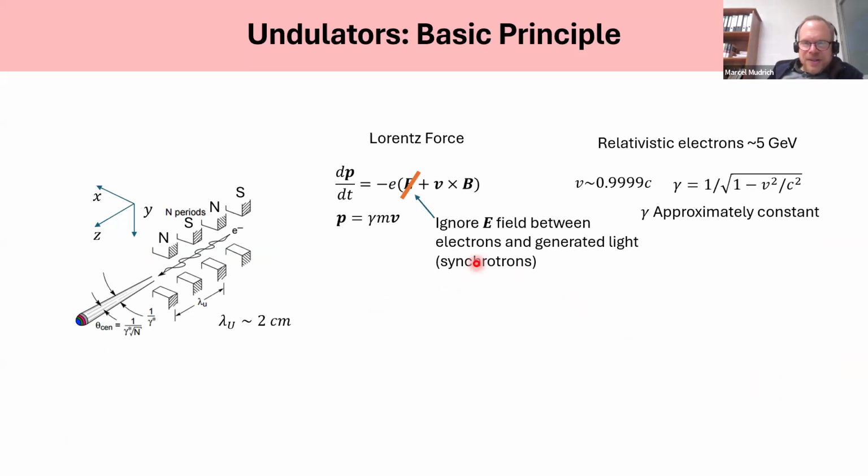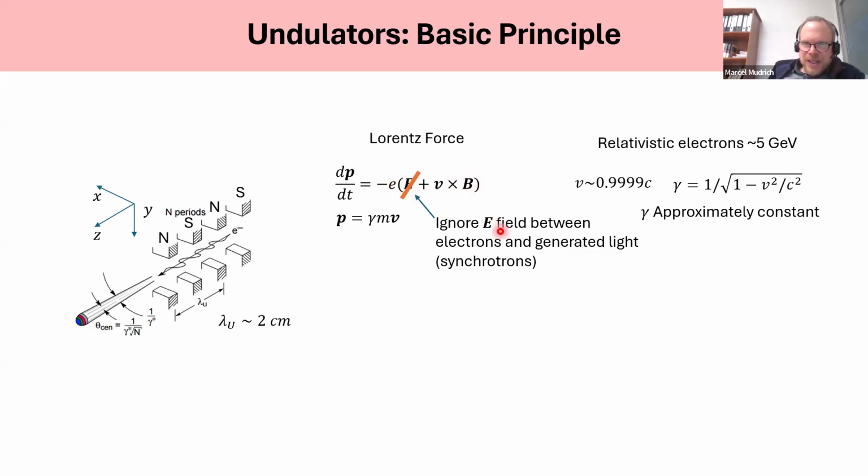So the starting point is the electrons flying through the magnetic fields at relativistic speeds. In the magnetic field, they experience a Lorentz force. In principle, there are also electric fields around, because the electrons emit light, and the synchrotron radiation has an electric field, but in synchrotrons, typically this electric field is very small compared to the magnetic field.